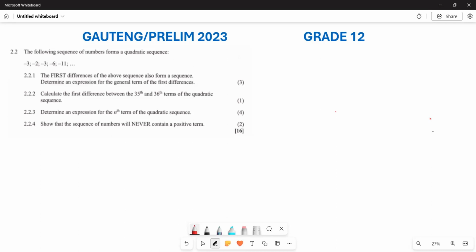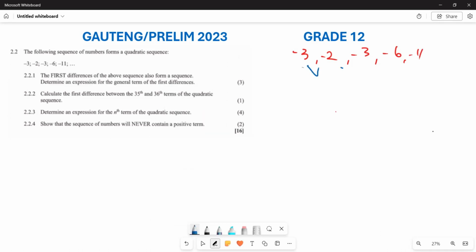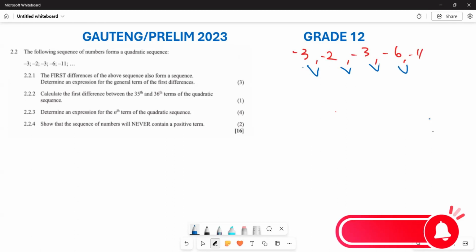One thing that we know, remember, is that this is -3, this is -2, this is -3, this is -6, and this is -11. They say the first difference also forms a sequence, which is indeed true.